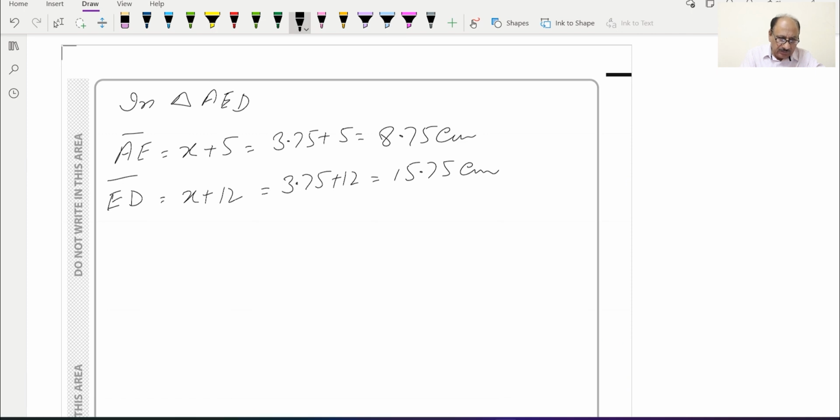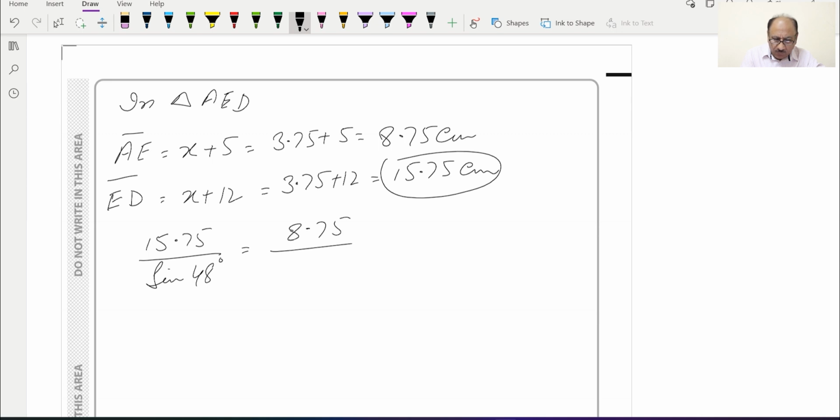We can write the equation by the sine rule: 15.75, which is ED, divided by the sine of the opposite angle, which is 48 degrees, is equal to 8.75 over the sine of the angle ADE.